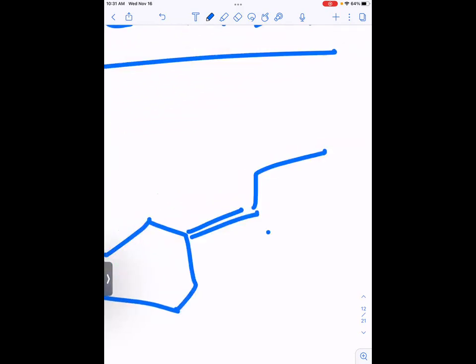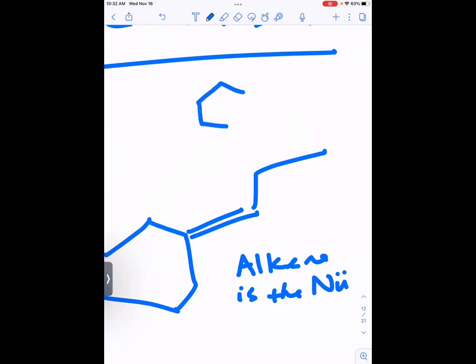So this is my alkene, which is going to be my nucleophile. And then MCPBA looks like this. So it has an aromatic ring. Let me draw it the other way.